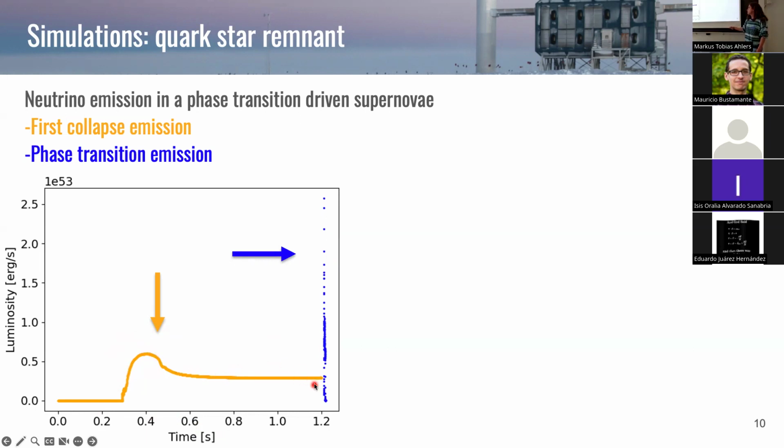And after a few seconds, or tens of seconds, we have another collapse. So this second emission is from the second collapse, which is the phase transition emission. And you can see from this plot that the luminosity is almost one order of magnitude higher. So this can already make us think that if we can see the other one, this one is probably going to be seen too.